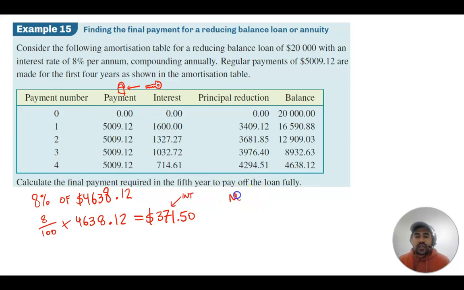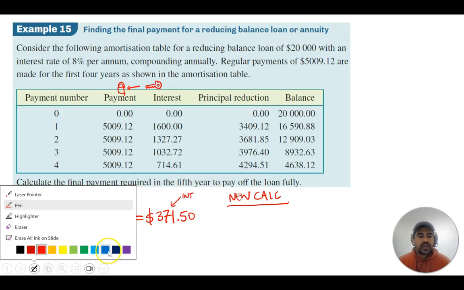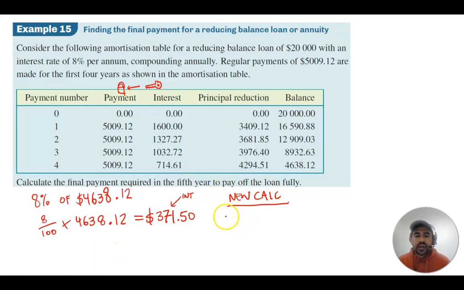So we have a new calculation technically. And this is this key going into the lock to unlock that payment amount and shift it ever so slightly because we're compensating for this final amount. So I'll put a different color. Let's make it blue. So the new calculation is technically how much is owing. So our balance here, plus the interest that the bank requires. In other words, we are owing the bank $4,638.12.